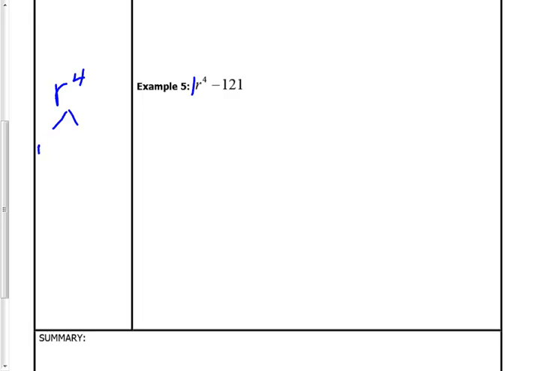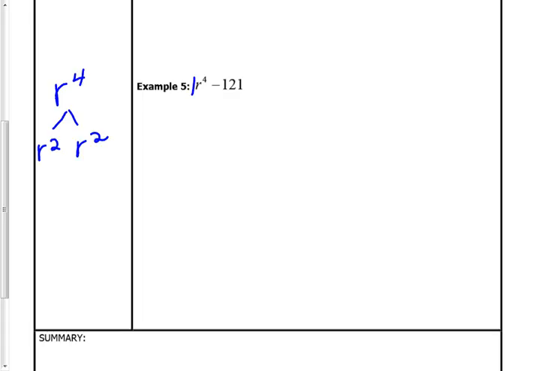So r to the fourth can be split into r squared and r squared. R squared times r squared. So anything times itself would result in a perfect square here. So 1r to the fourth is a perfect square. 1 is a perfect square, and also 121 is a perfect square.